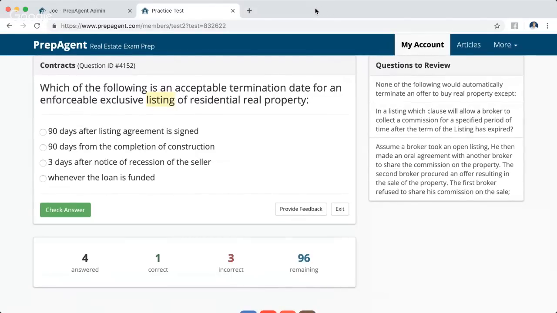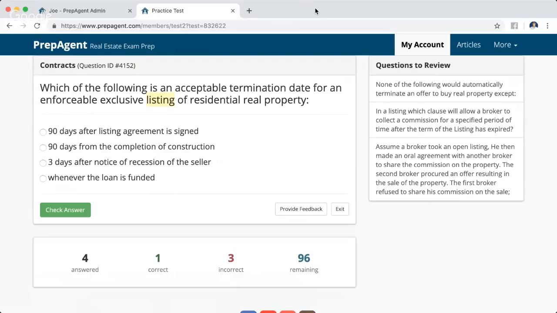Which of the following is an acceptable termination date for an enforceable exclusive listing on residential real property? A, 90 days after the listing agreement is signed. B, 90 days from the completion of construction. C, 3 days after notice of rescission of the seller.